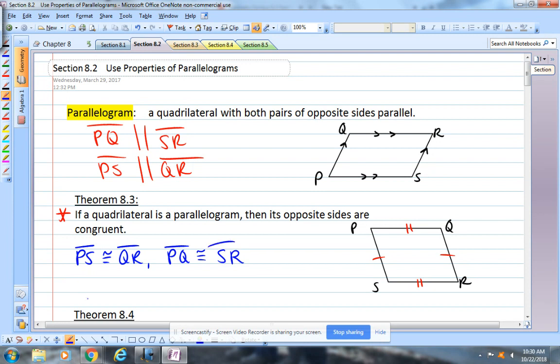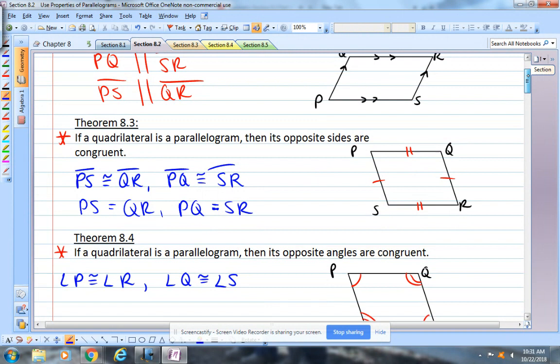So that means the length of PS equals the length of QR, and the length of PQ equals the length of SR. If it's just length, you have just the letters with no bar. So objects are congruent, measures are equal. So opposite sides are congruent.